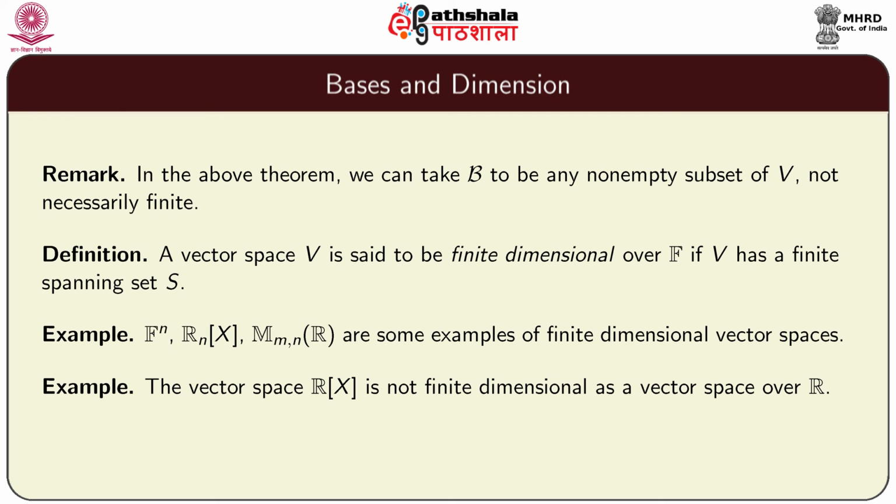Therefore, if we choose a polynomial f whose degree is bigger than the maximum of the degrees of F1, F2, Fn, then we cannot write it as a linear combination of these F1, F2, Fn, which shows that R[x] cannot be a finite dimensional vector space over the real field.